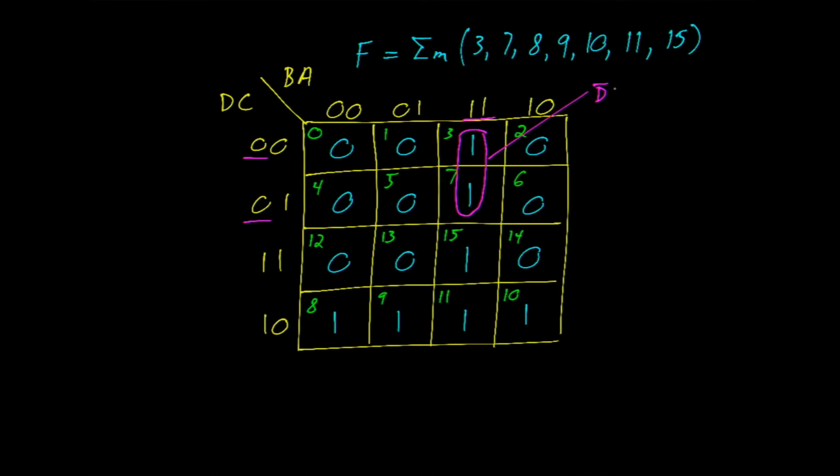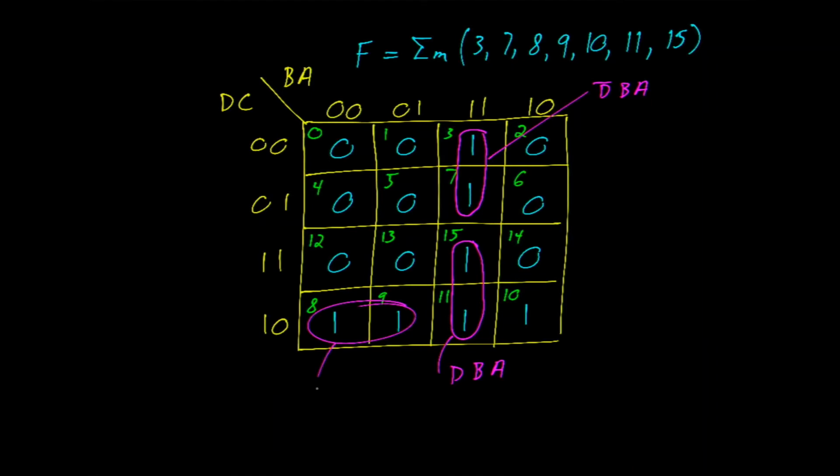BA. We'll circle this, which becomes D, and then it's in the BA column. Here's another.